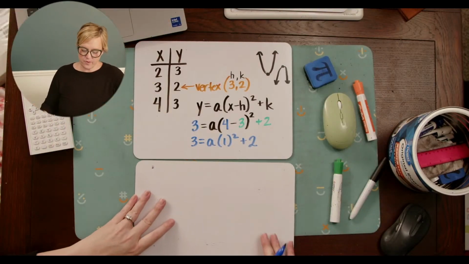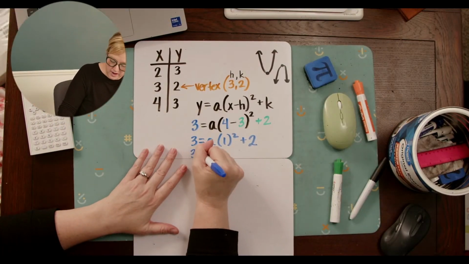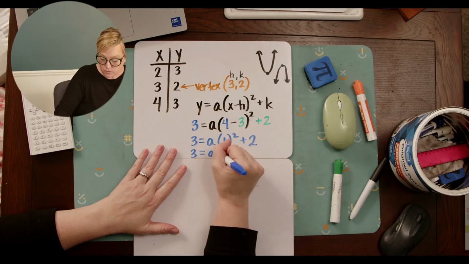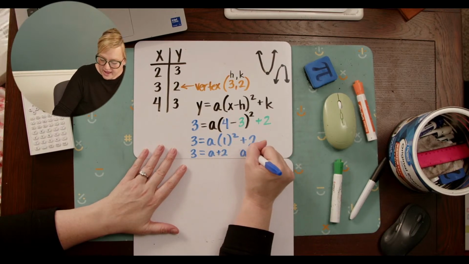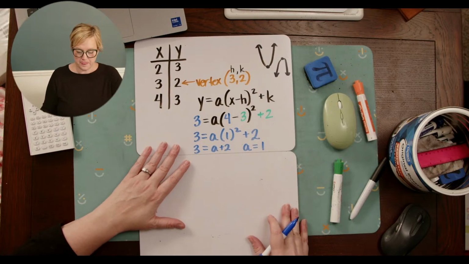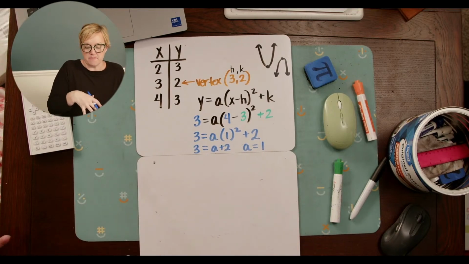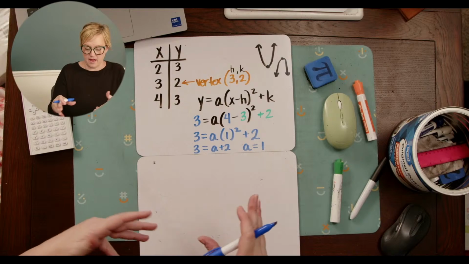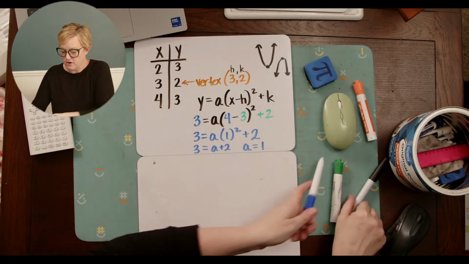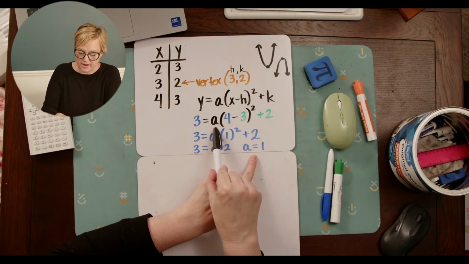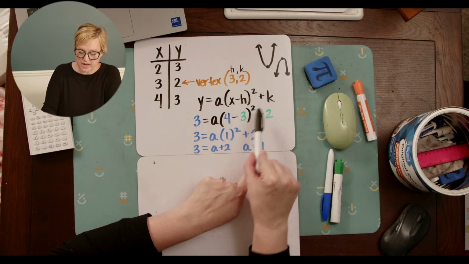So if I just keep solving for A, I've got 3 equals A times 1 plus 2. So my A value equals 1. So now I can plug everything back in: my A value is 1, my h is 3, and my k is 2.